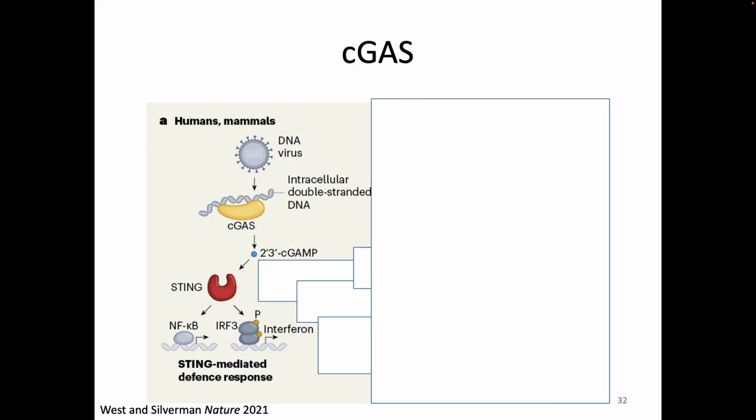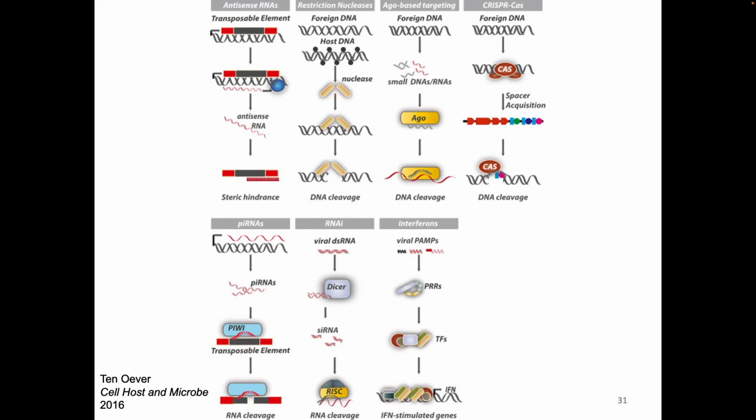And so we can even see some of these immune responses that are listed here are actually types of immune responses that bacteria use to get rid of phages, the most famous of which is CRISPR. And so all of these are actually really variations on the same themes.